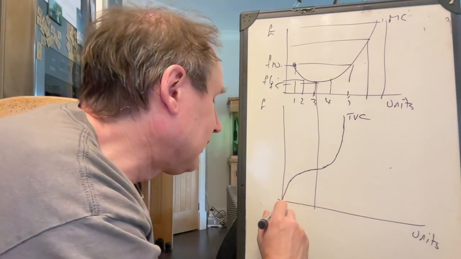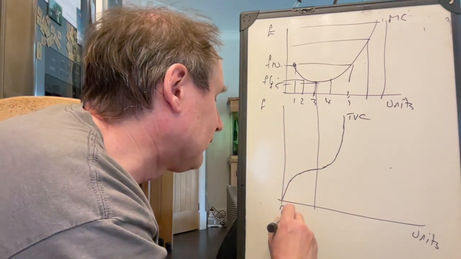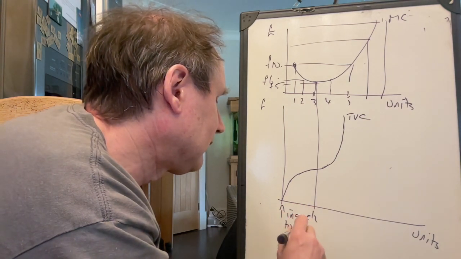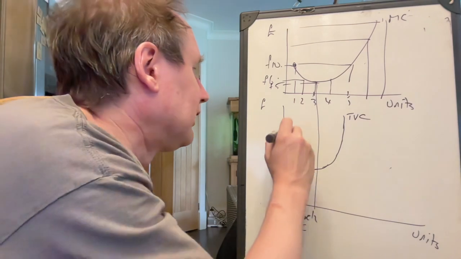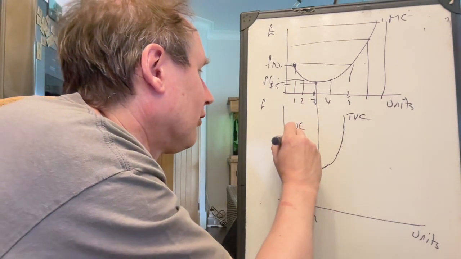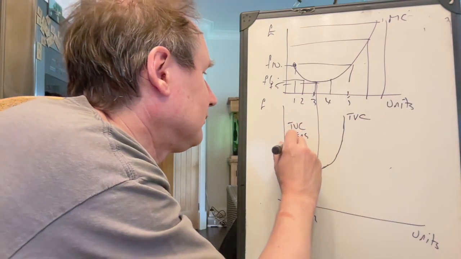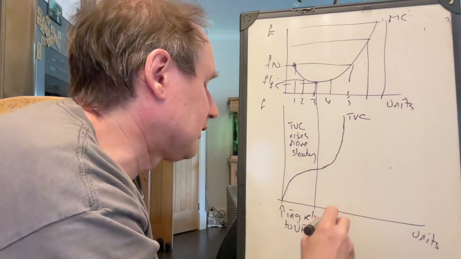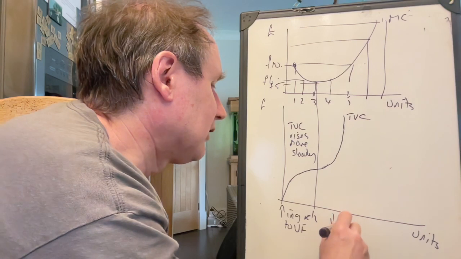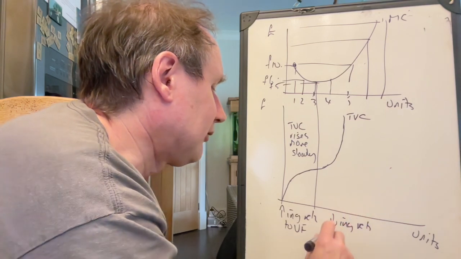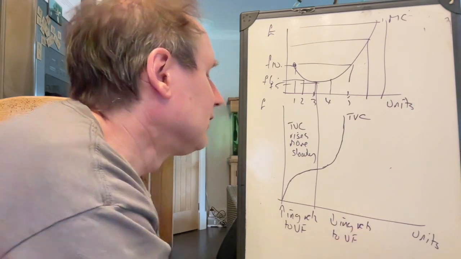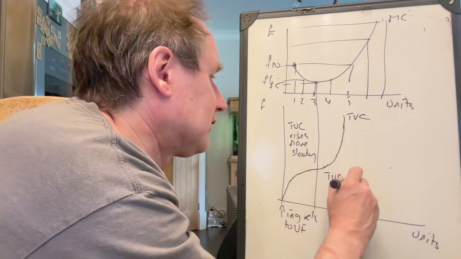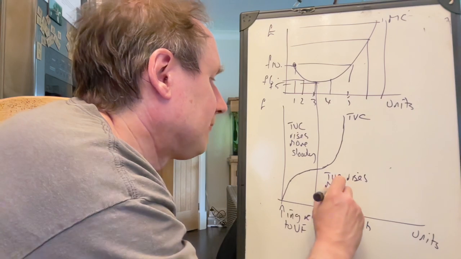Up to here, we have increasing returns to the variable factor. Marginal cost is falling. TVC rises more slowly. After this point, we have diminishing returns to the variable factor. So what now happens is that TVC rises more quickly.